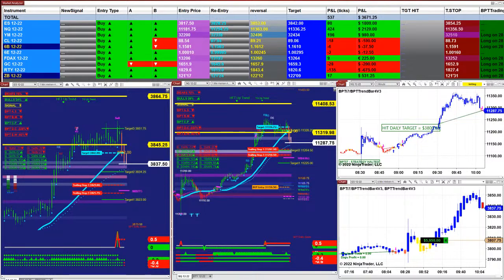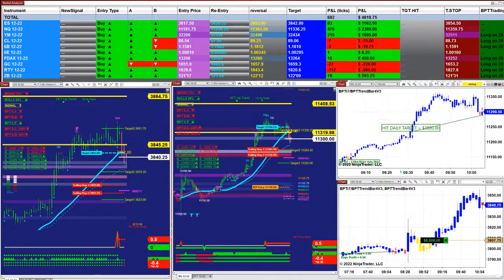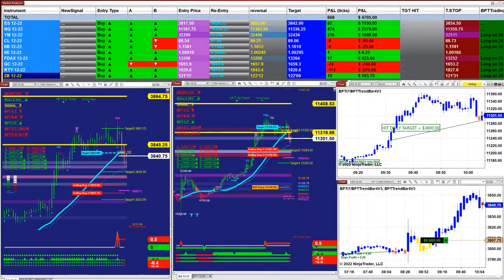Why is it so important? Now you can see the auto trade closed automatically at 3,800. It's not bad money. It's not. But the guy is trained.